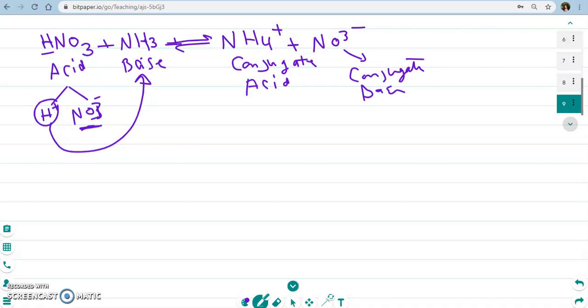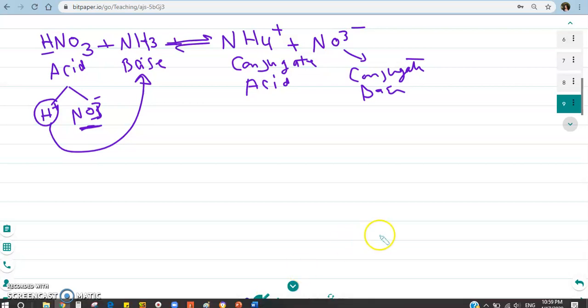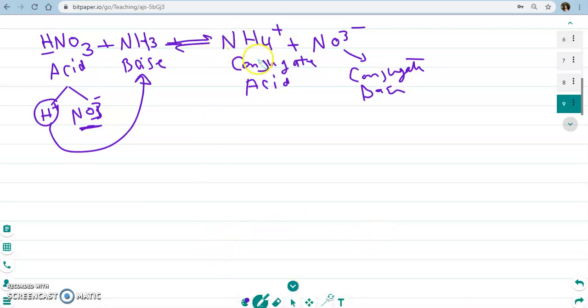The first method is to determine which ones have potential to give hydrogen. So this one is acid because it has hydrogen at the beginning. So this one is base. And then to determine the conjugate acid, you need to find which one has more hydrogen to give away, which is this one.